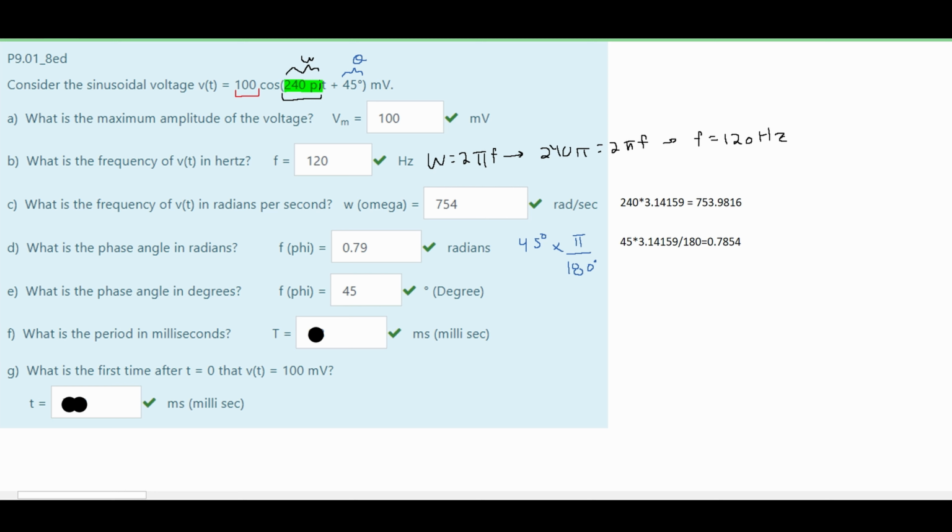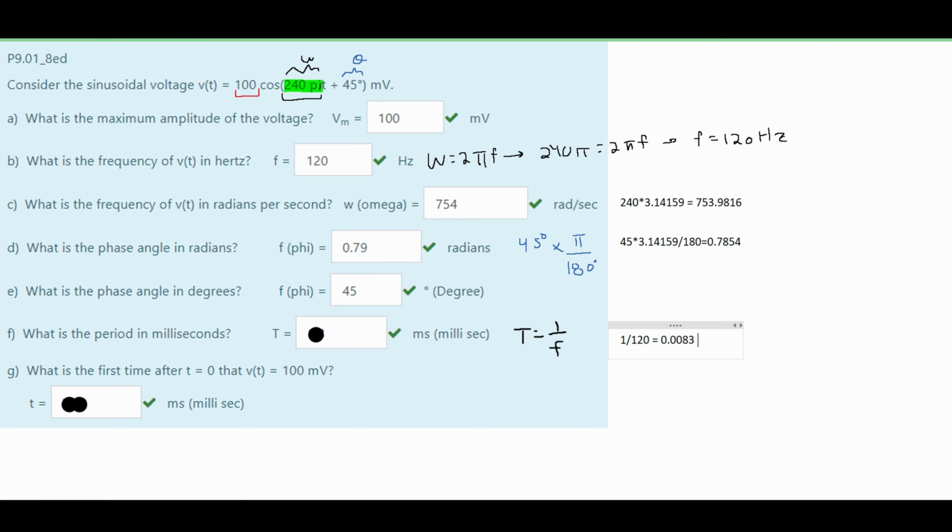Next, we're asked to find the period in milliseconds. From a formula, again linked in the notes, the period is the inverse of our frequency. So T is equal to 1 over f, and we know that f is 120. So we have 1 divided by 120, which gives us approximately 0.0083.